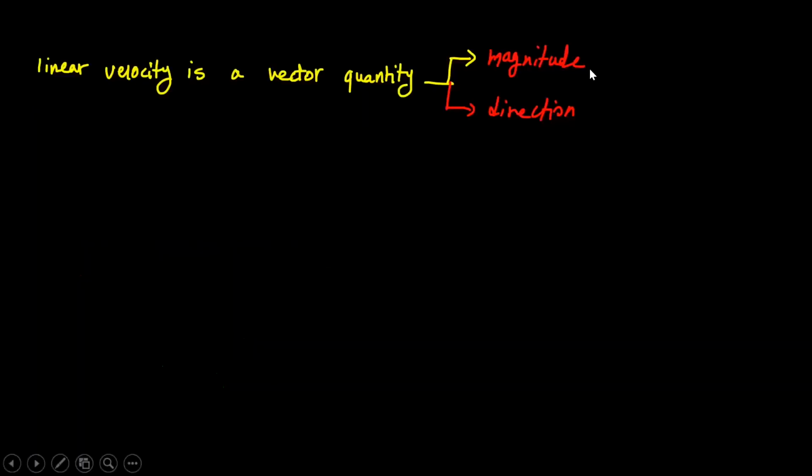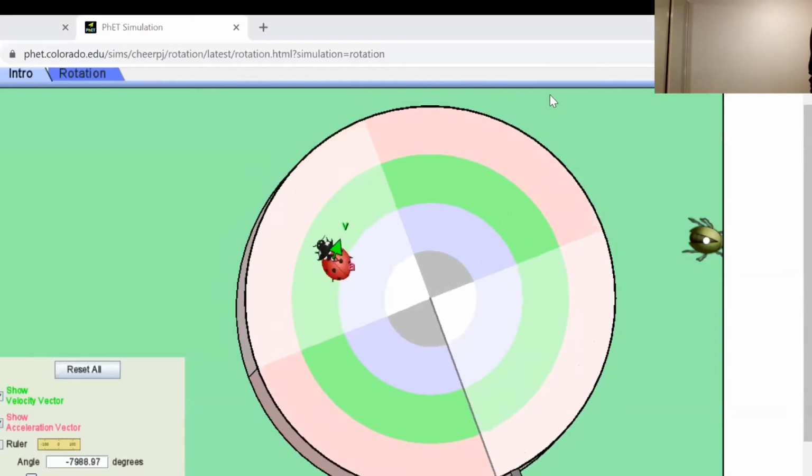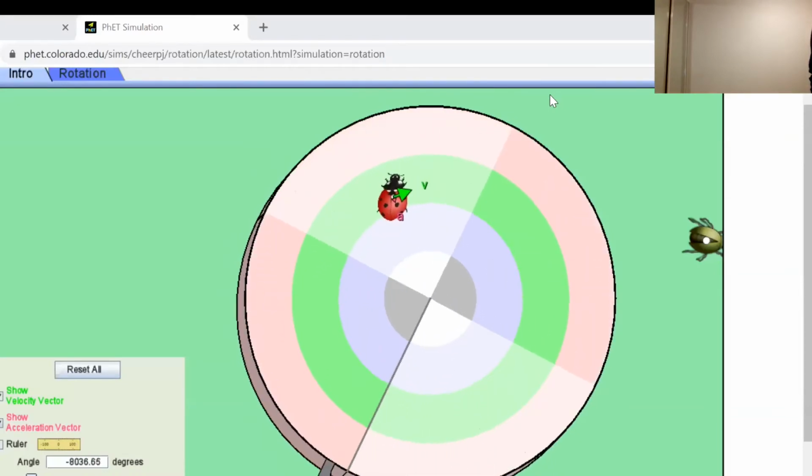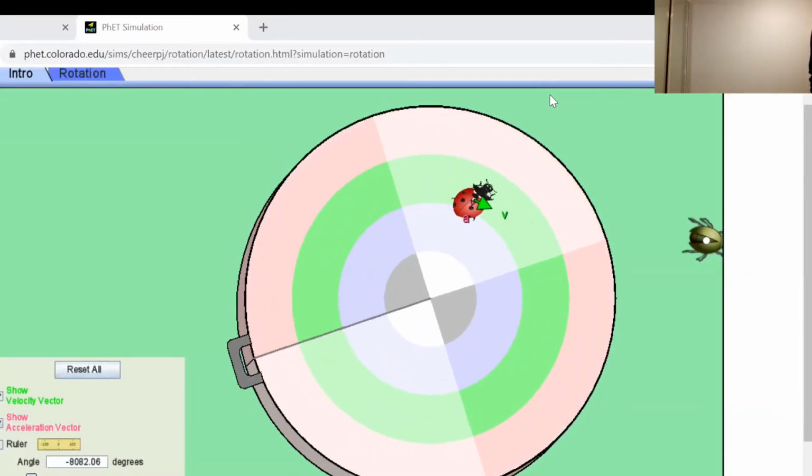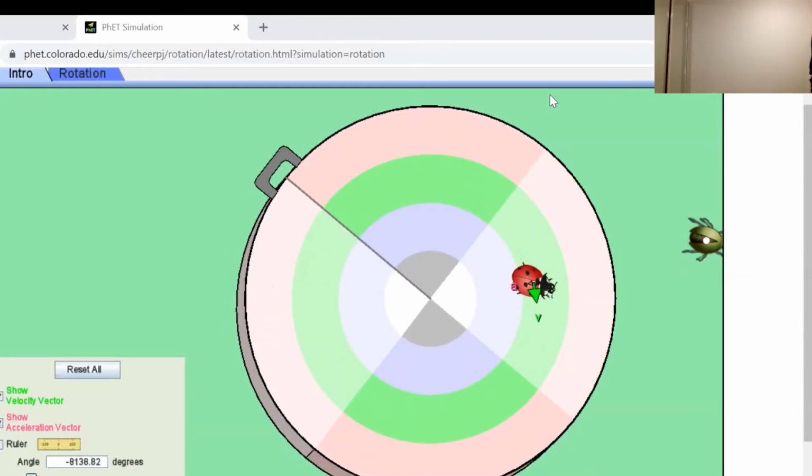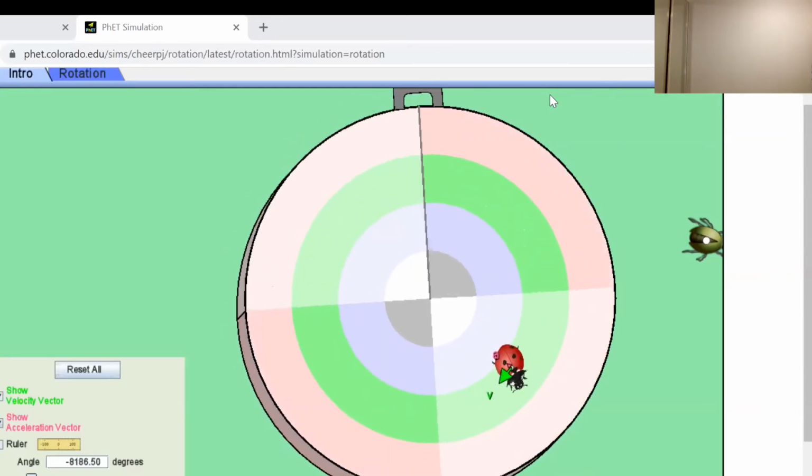You know, linear velocity is a vector quantity. It means it has both magnitude and direction. So angular velocity is also a vector quantity. It has both magnitude and direction. For finding its magnitude, we can use the formula delta theta divided by delta t. But how can we find the direction of angular velocity? To find the direction of angular velocity, you need to curl your right hand so that your fingers point in the direction of rotation.